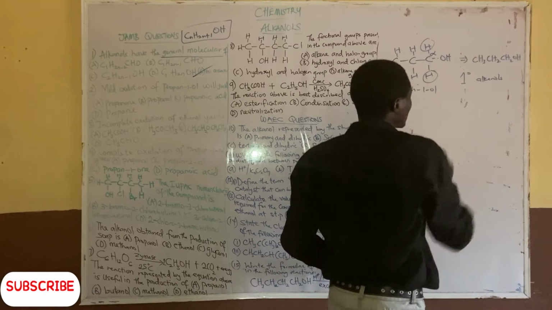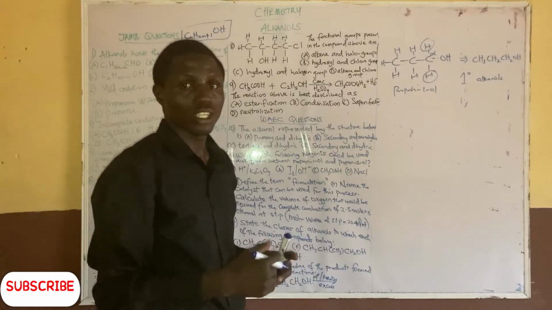Primary alkanols, when they undergo mild oxidation, that is the first oxidation they undergo.